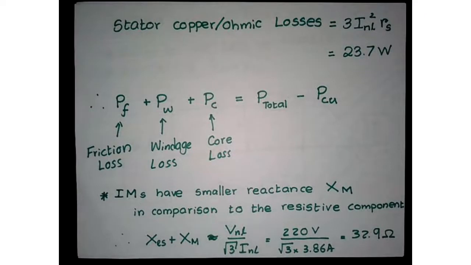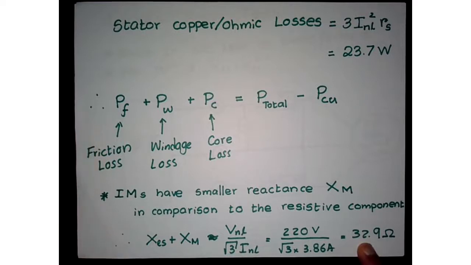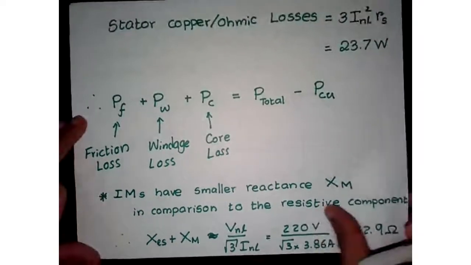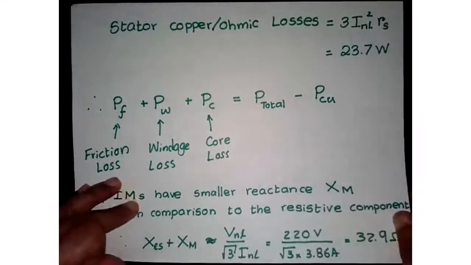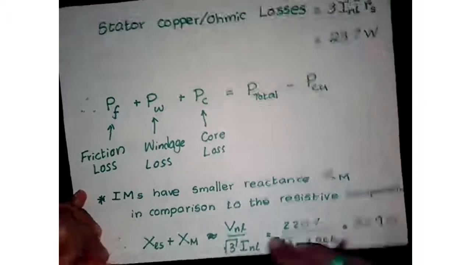Therefore, we can come to the conclusion that from the no load test, we can approximate XLS plus XM to be this resistance amount. Okay, this resistance amount. So now we have a relationship for the combination. Okay, and then we can find RS using this equation too.